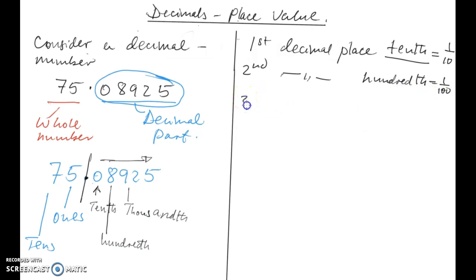The third decimal place stands for thousandths. This is the same as 1/1000.